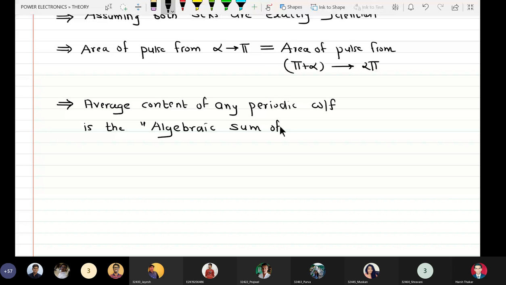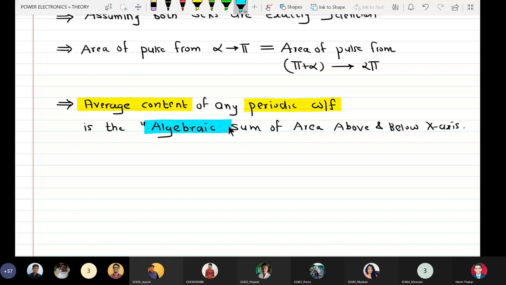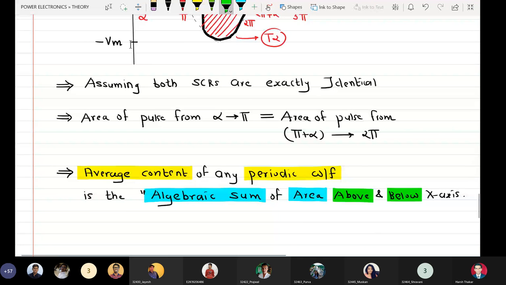Okay, so average content of any periodic waveform is the algebraic sum of area above and below x-axis. Okay, now the area above x-axis is equal to the area below x-axis.